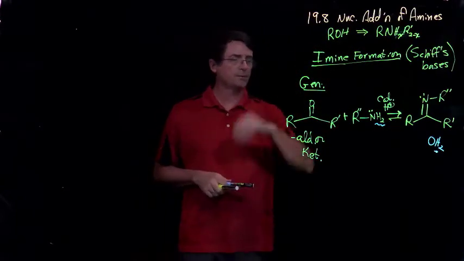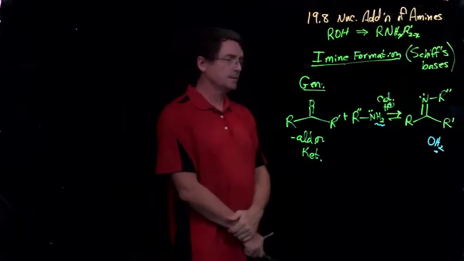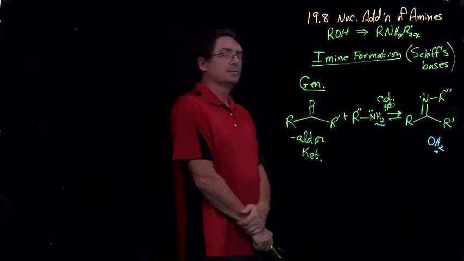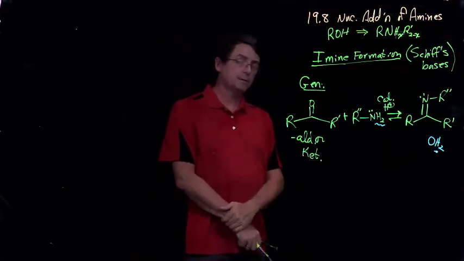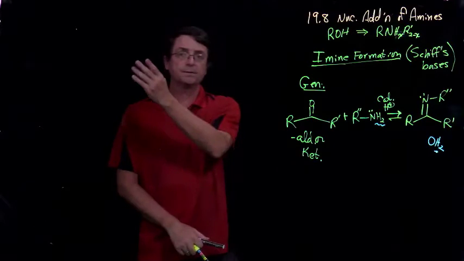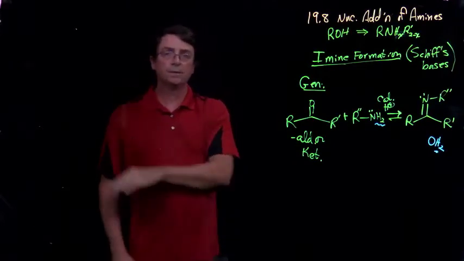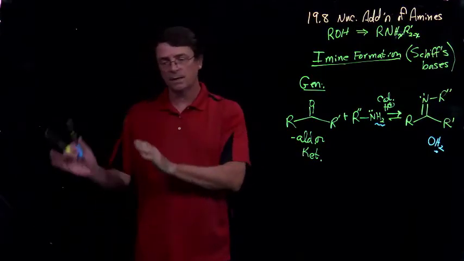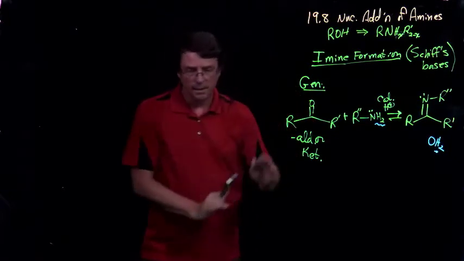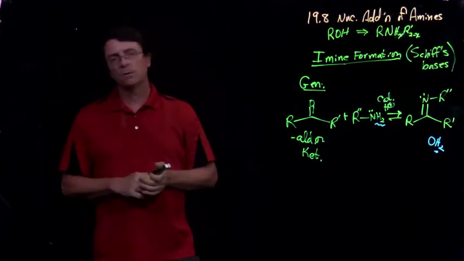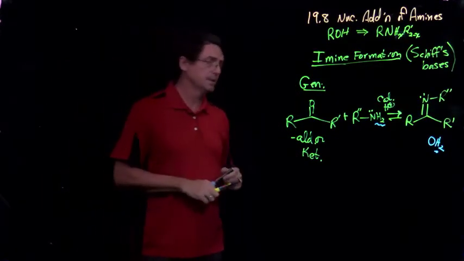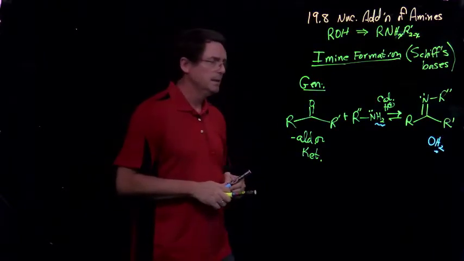Now, when I put up the acetal in the previous section, did you realize that I also taught you how to hydrolyze it? It's just the reverse of the mechanism that we did. So when you learn that mechanism, make sure you recognize that you can go forward and then you can go backwards. And that's how we will do deprotection. Maybe we'll look at that in a little more detail later.